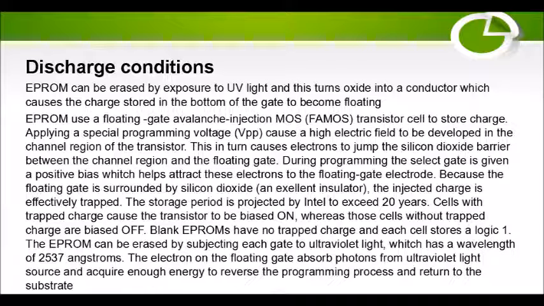Blank EPROMs have no trapped charge and each cell stores a logic 1. The electrons on the floating gate absorb photons from an ultraviolet light source and acquire enough energy to reverse the programming process and return to the substrate.